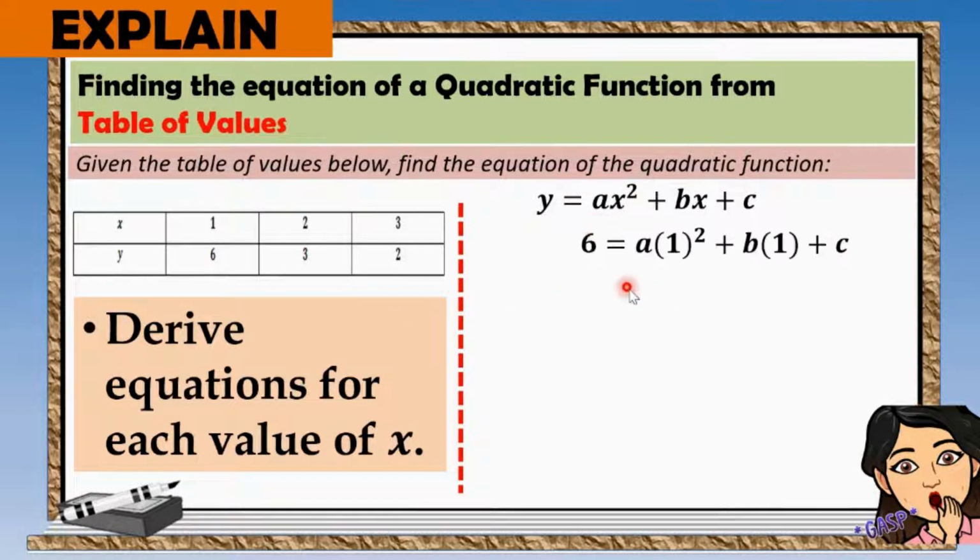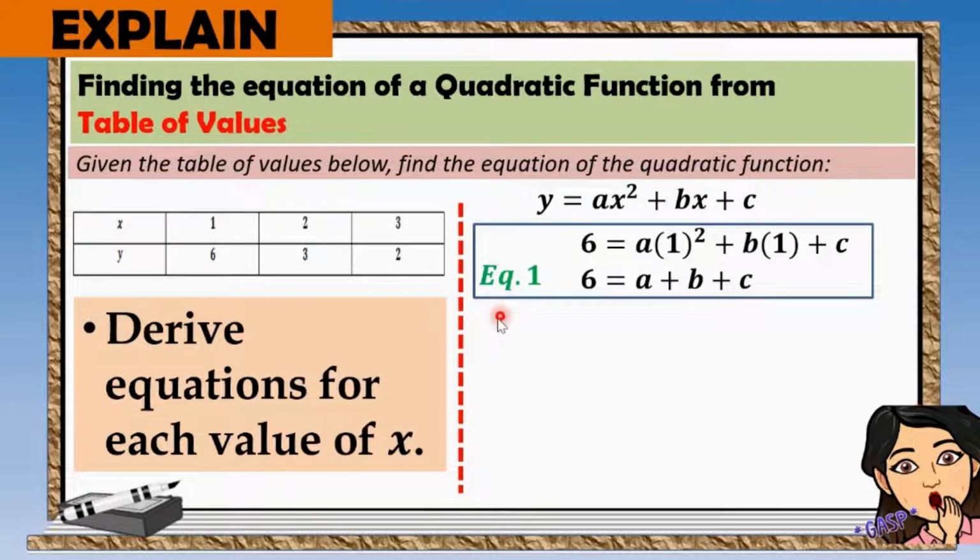Since y equals 6 when x is 1, just substitute it. 6 equals a times the quantity 1 squared plus b times 1 plus c. Simplify: 6 equals a plus b plus c. So, this is now your equation 1.